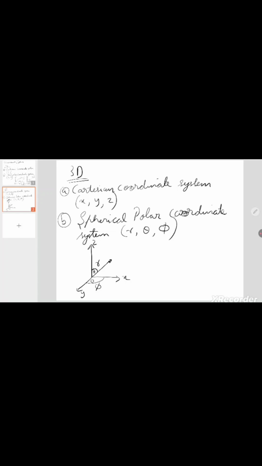From this picture we can write r equal to the square root of x square plus y square plus z square. Now, to find the angles phi and theta, first you need to project this vector r onto the xy plane.